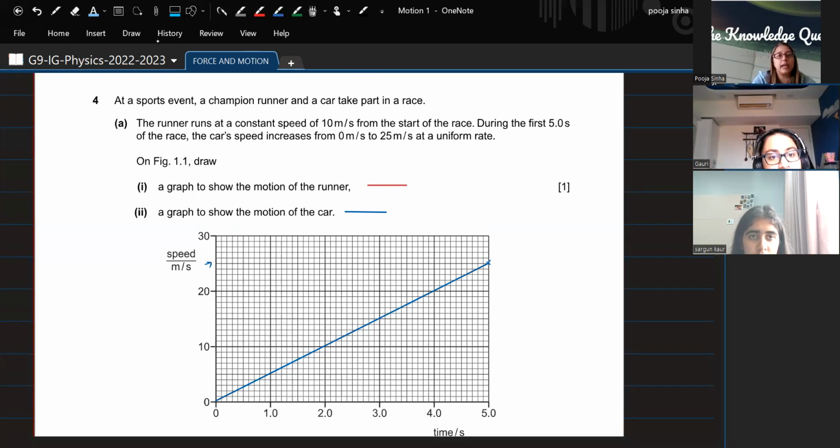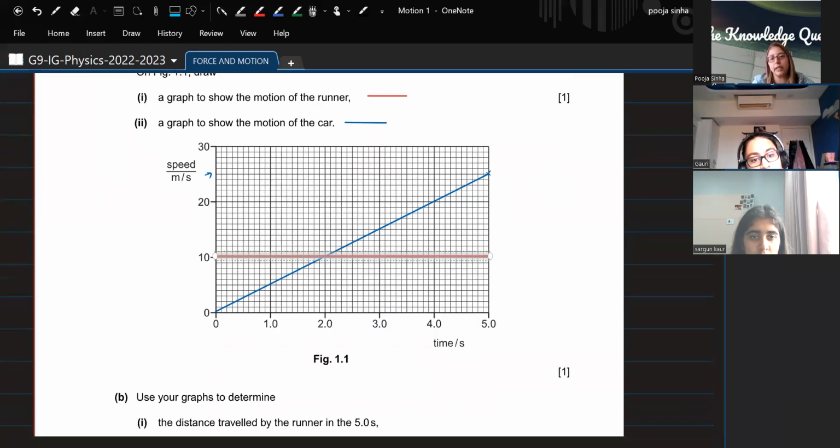Just a straight line at, so which means, is the runner running? Sargun, is the runner running or not? रन कर रहा है वो या नहीं कर रहा? सोच के बताओ, रन कर रहा है या नहीं कर रहा वो? Is the runner running or not?